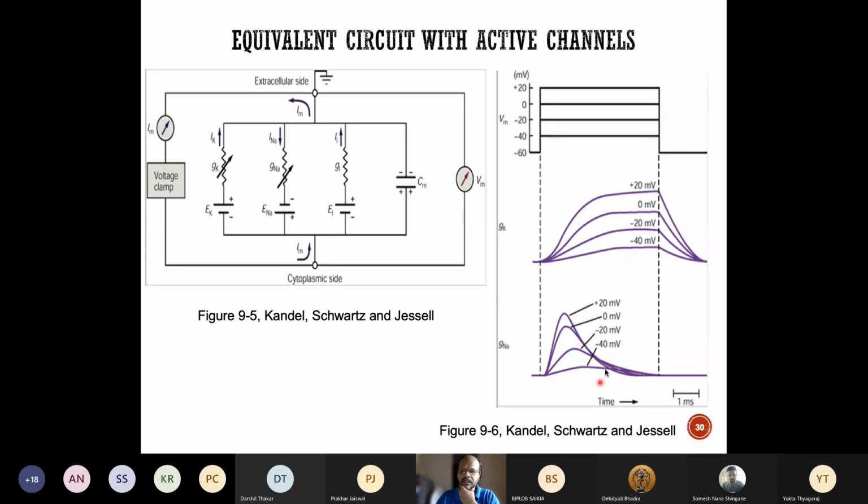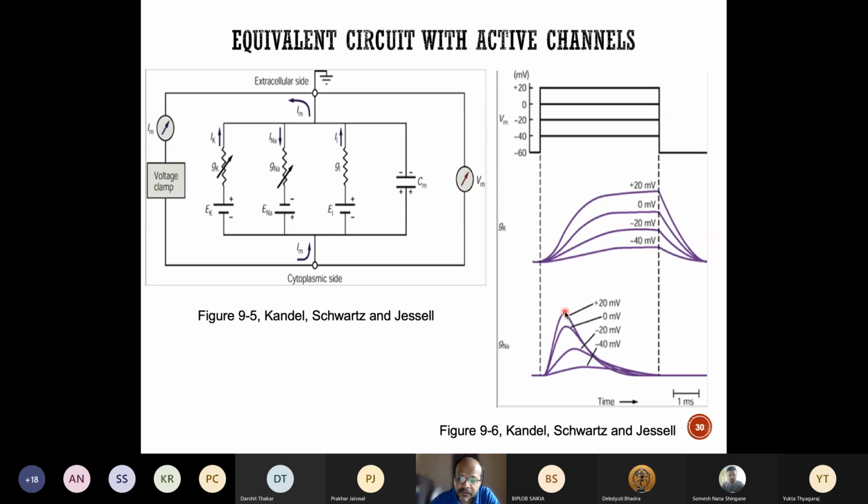So here's the cool part. I'm just going to summarize it a little bit here rather than going through the details. Basically, when a cell is depolarized, the sodium channels get activated and they open. So the sodium conductance shoots up.